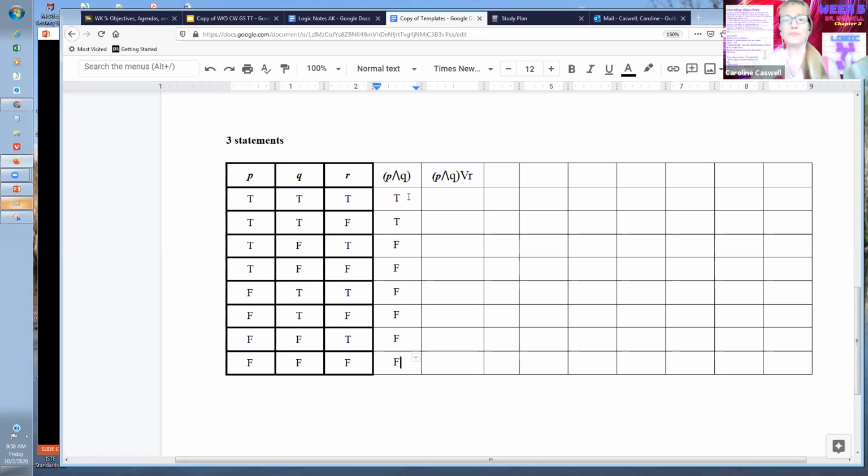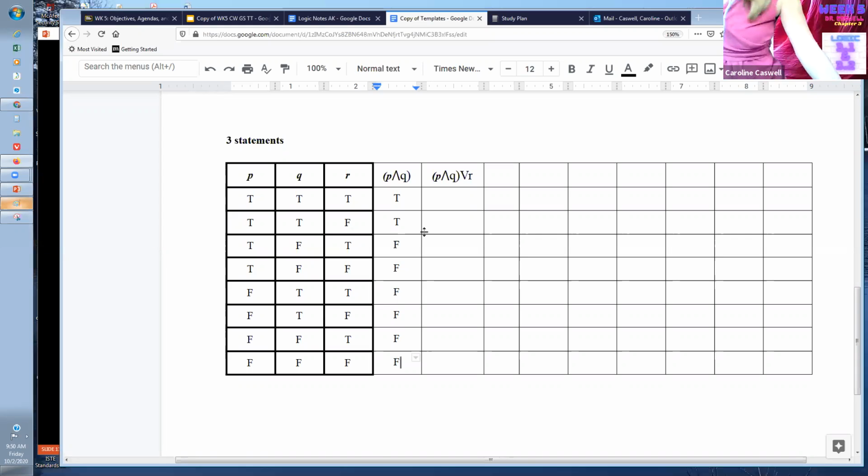Now what we're going to do is move over to the next column, and all we're going to do is or that with R. So all we need is the last 2 columns. So what do we know about or? What is the key piece about or? False, false.